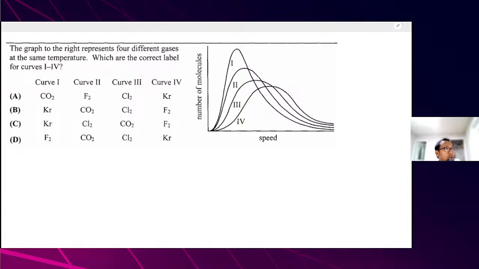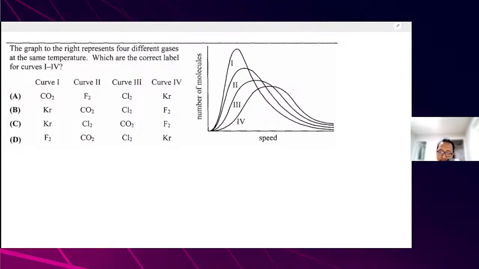So now we know the concept that the more particles, the more partial pressure. And now we are dealing with another concept. The rule here is at the same temperature.